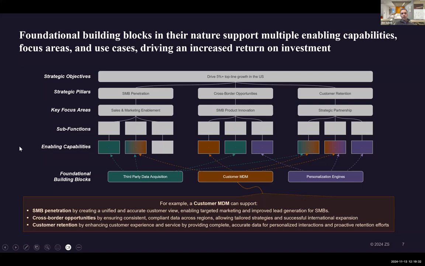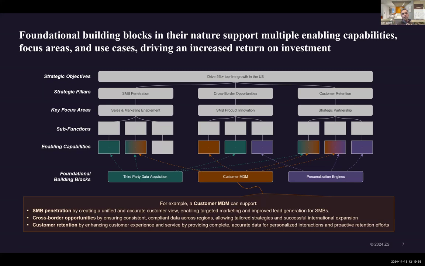So I'll make one more quick point here, in terms of these different strategic pillars that we talked about. I drilled down deep, specifically within the SMB penetration as one pillar. But if you look at some of these other pillars, you could repeat the same exercise across any one of these, right? And then when you come down to these enabling capabilities, what you're going to find is there are going to be some common threads.